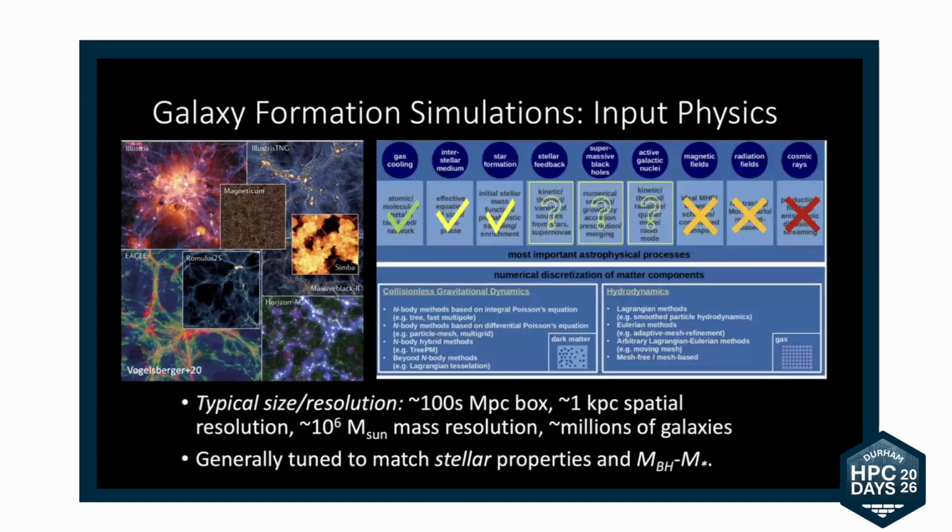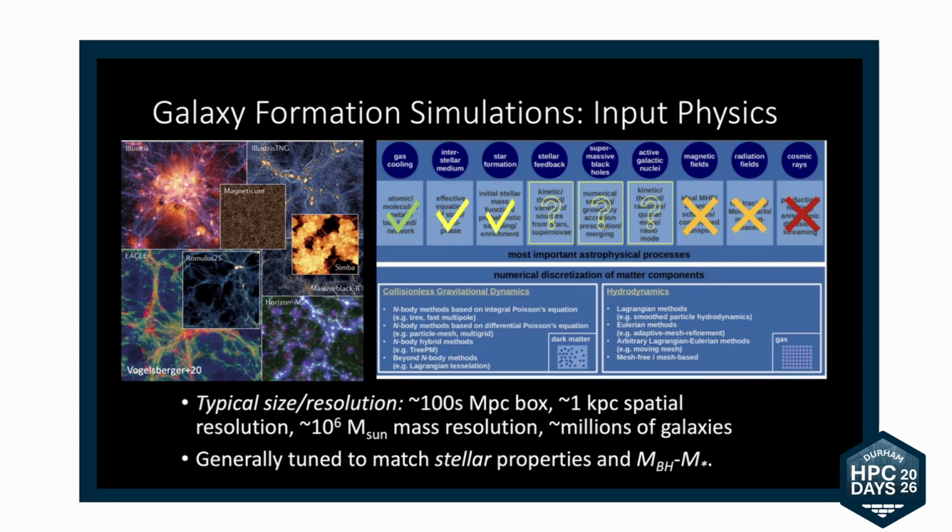Now, where are we? There's a large number of people who are doing these simulation projects. This is just a little panel that shows a subset of them. When I say a cosmological simulation, I'm talking about box sizes that are hundreds of megaparsecs in volume, typically the biggest ones today with of order a kiloparsec spatial resolution.